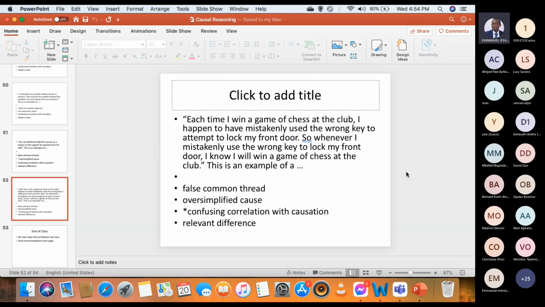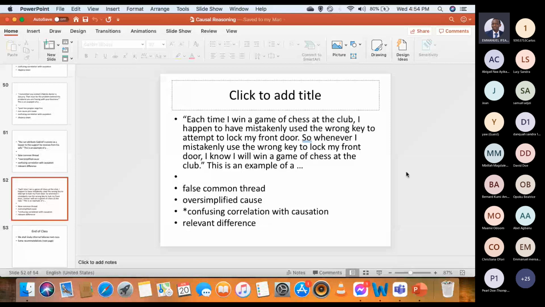He knows he will win, but that conclusion is not the event. The conclusion is based on some events he has noticed, but we don't know if in those events the locking is before or after.